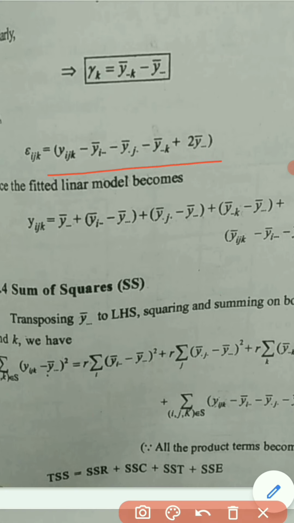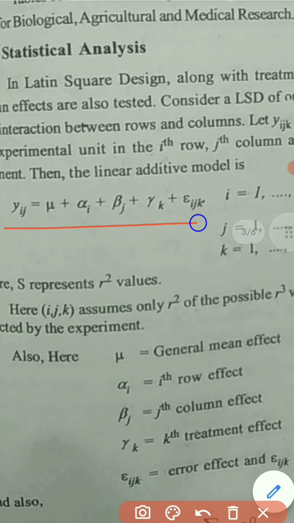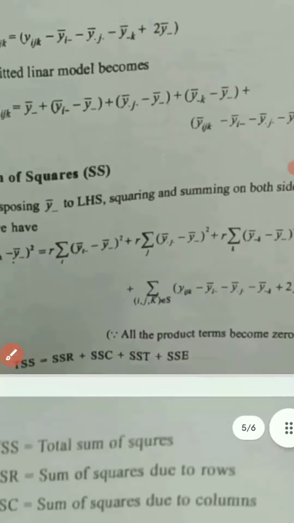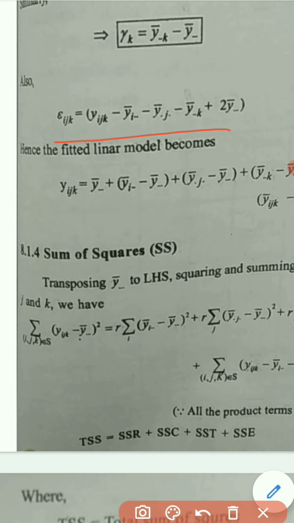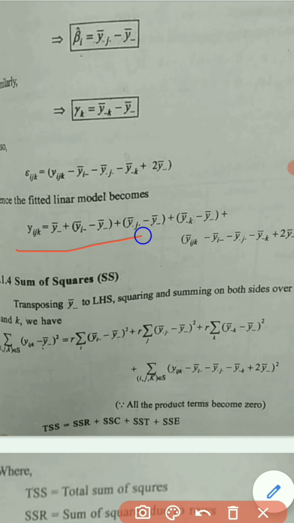Then, students, we have the main formula. What is the main formula? We have this answer, this one. We will write that here with the answers, what are the answers we got for epsilon i. This epsilon value also we will get. So for this we will write here y ijk, and these values: mu plus alpha i plus beta j plus gamma k plus epsilon ijk.